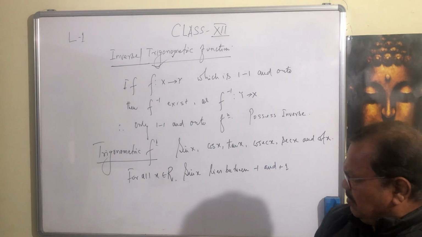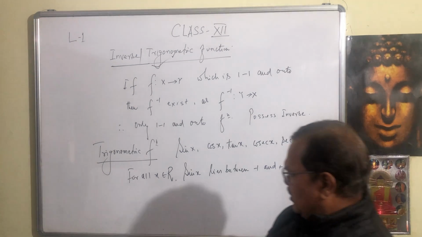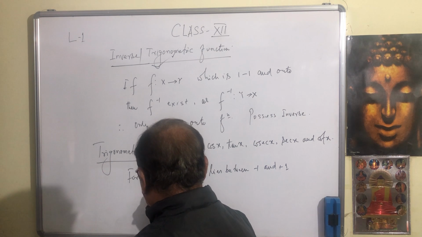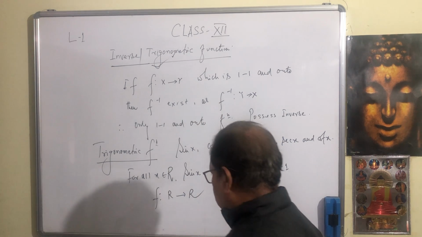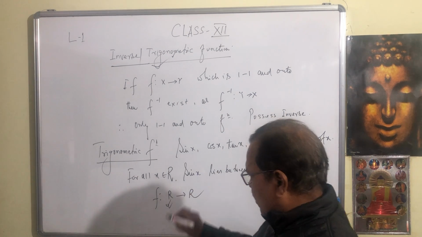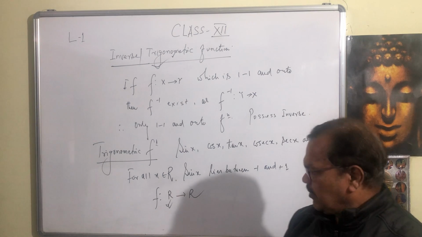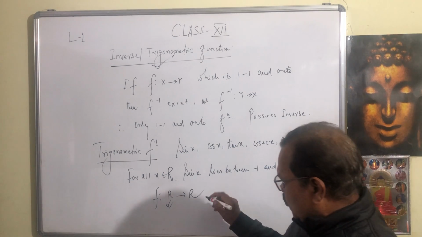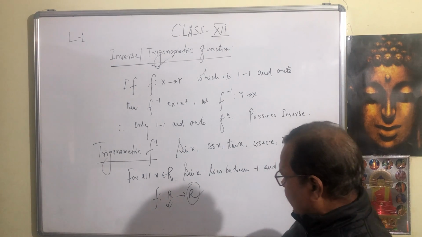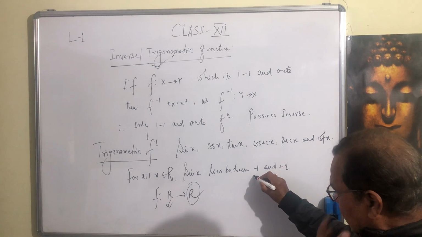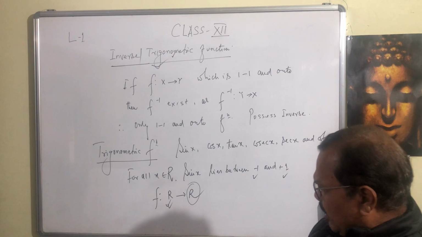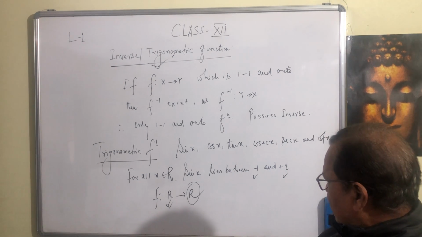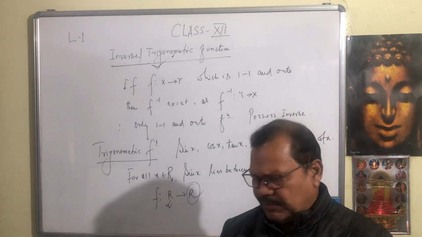This is very simple to study. Let us see here, f is a function from R to R. That is, x belongs to the domain R. Now f(x) belongs to R. And what is the value of f(x)? That lies between -1 and +1. That means the maximum value of sin x is 1 and the minimum value is -1.